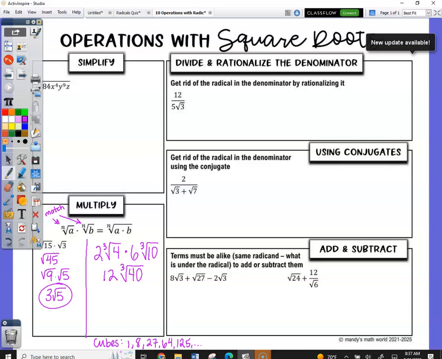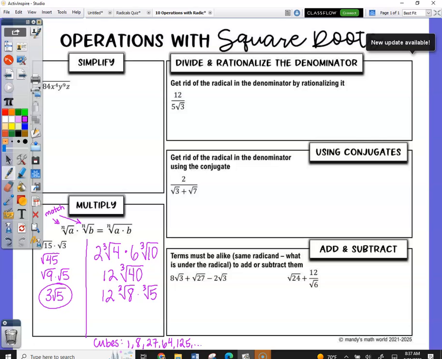What cube from the list will go into 40? 8 will go how many times? It's the same concept as right here. You're splitting it apart. I'm going to bring the 12 down. This becomes the cube root of 8 times the cube root of 5. I split it apart.